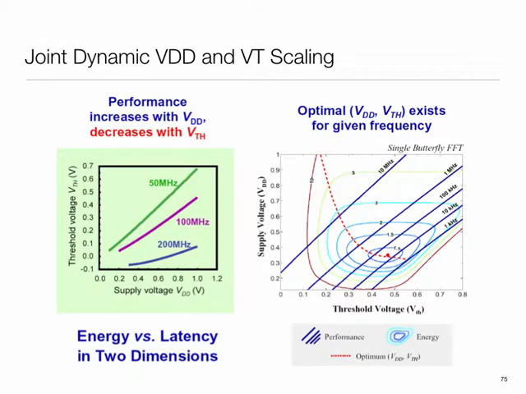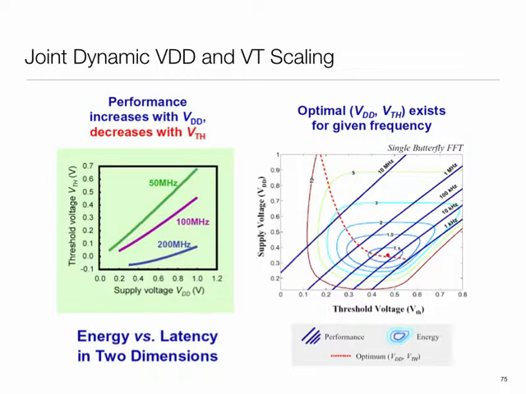Okay. So what's happening here is that we have supply voltage and threshold voltage. We have control over both, and as we play with this, as supply voltage increases for a given threshold voltage, the performance goes up.